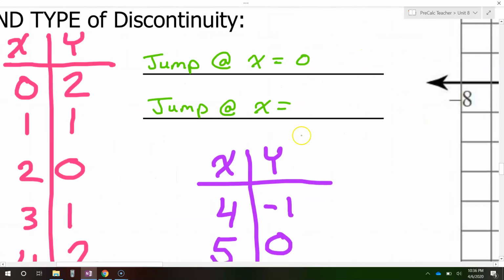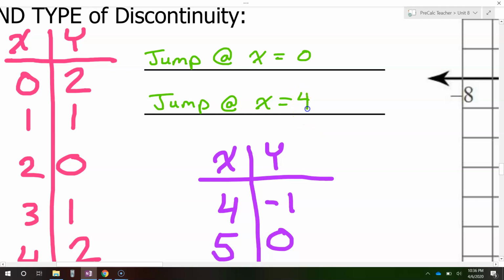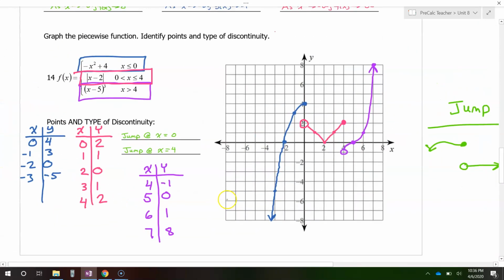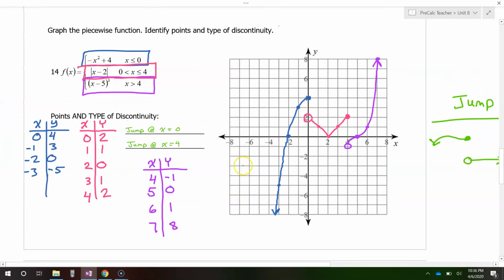Yep, right there. All right, and that is it. That is how you graph a piecewise function, and that's what discontinuities are.